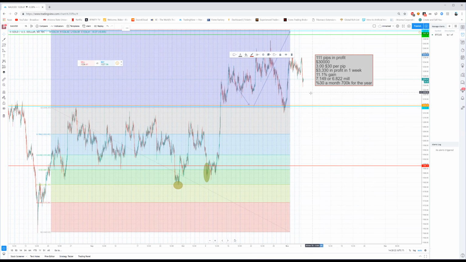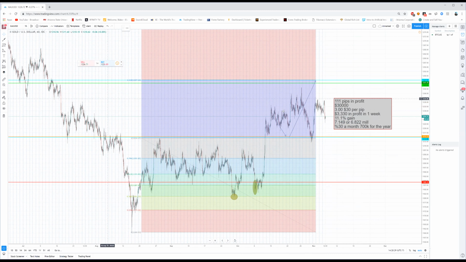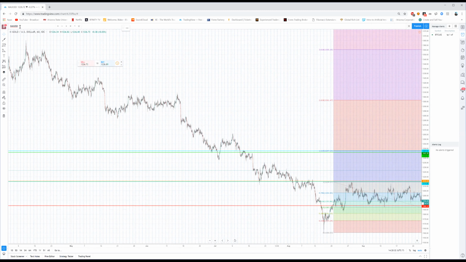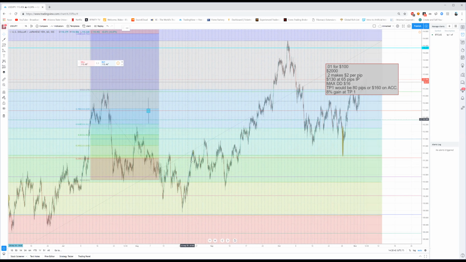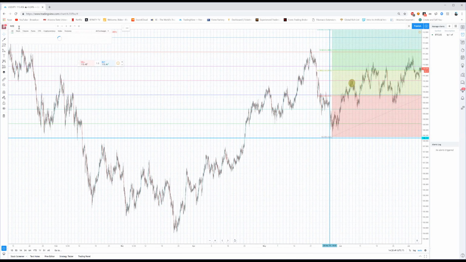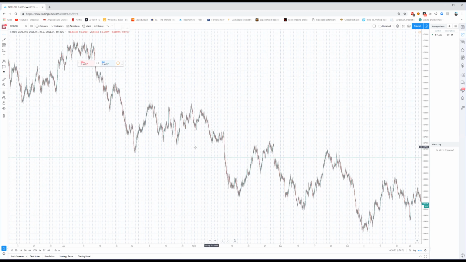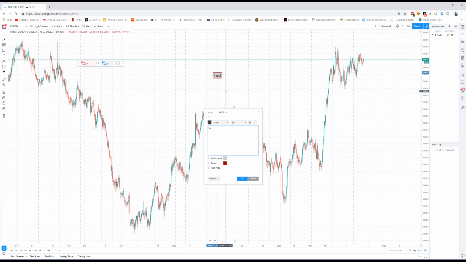One thing I want to leave off on is about compound interest. It's something that I saw in a post from this one guy that I follow. Actually, let's look at NZD USD really quick. Perfect, because I like it. It's a blank chart. So who knows what would make more?